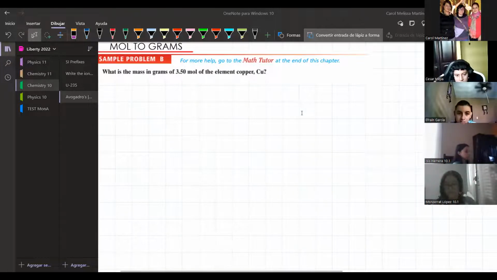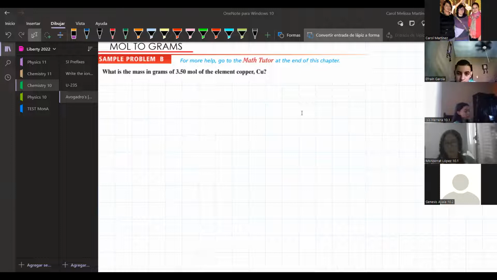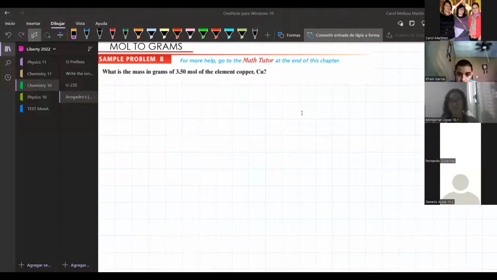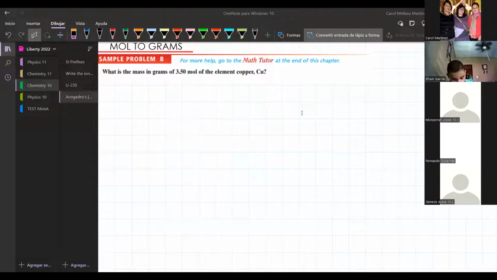No, that's what the problem is asking you to find, but what is the given? 3.5 and the unit. The units are moles, okay? So for this particular problem, you're going to identify the given as 3.5 moles of the element copper. So the given in this problem is 3.5 moles of copper.